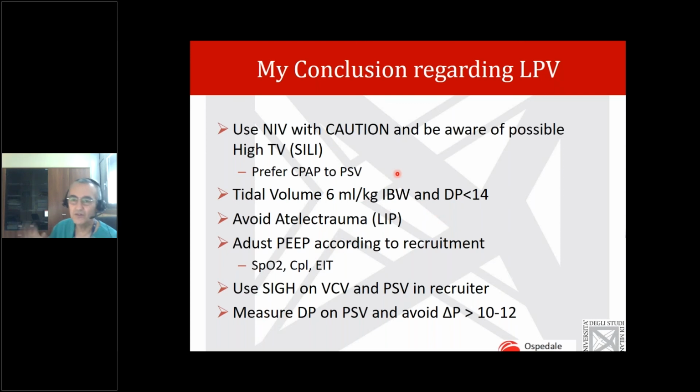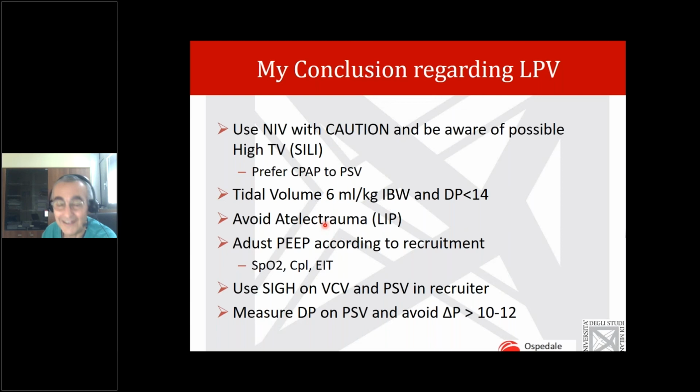My personal conclusion regarding lung protective ventilation is use NIV with caution and be aware of possible high tidal volume and sigh, and prefer CPAP to pressure support in this patient. Tidal volume 6 ml per kilogram is a must, but driving pressure is better. It is better tailored to the size of the lung of the patient.